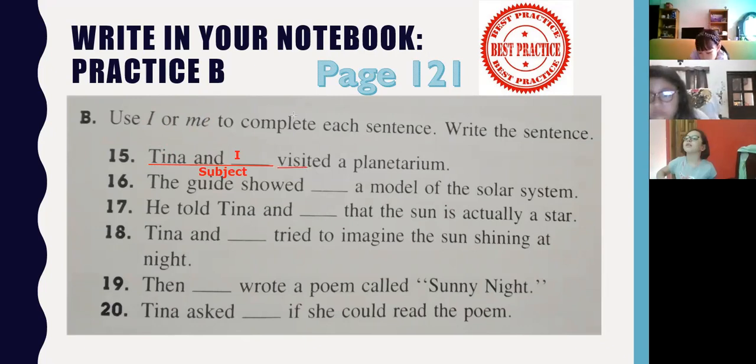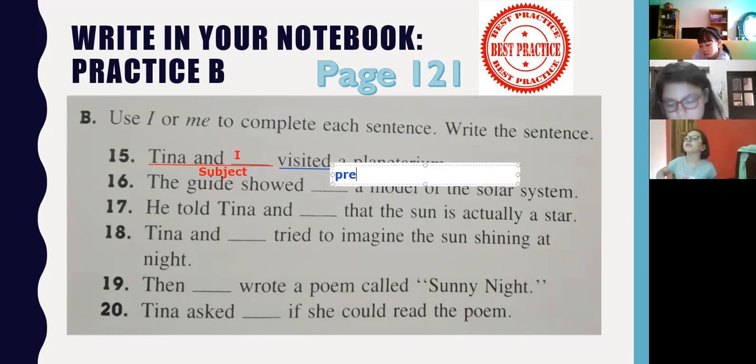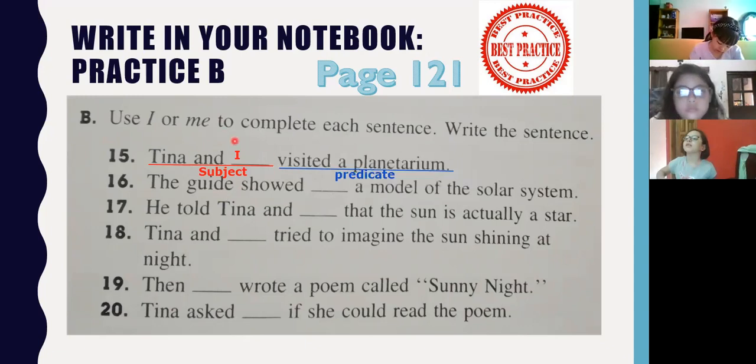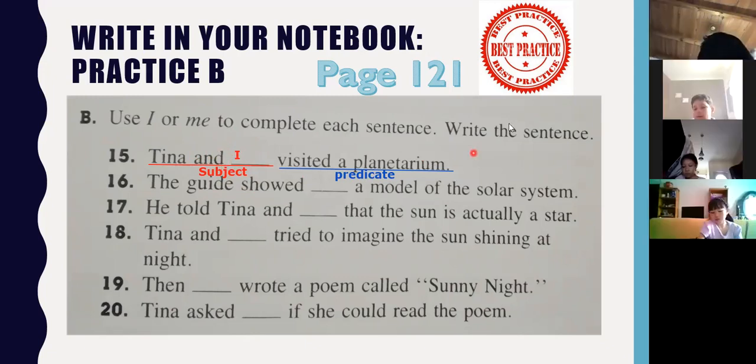The verb is visited. So the verb visited and the rest of the sentence is the predicate. So we identify the pronoun we're looking for, it's in the subject. And in the summary that you copied in your notebook, it says, write I in the subject of the sentence. So Tina and I, for that reason, it's I, not me, because we have not completed the predicate. So it's correct, it's Tina and I.